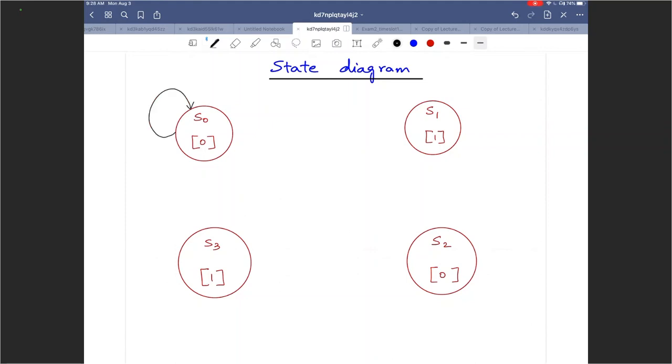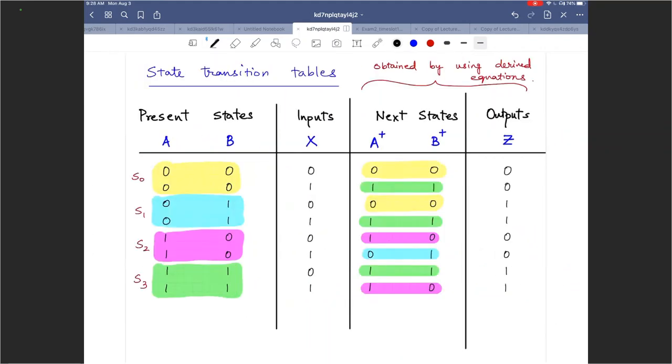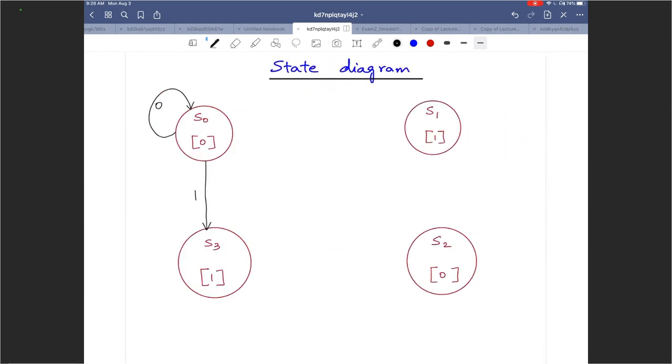Self loop for 0. If you get a 1, you go to state 3. Next, if you are in state 1, you may go to state 0 or state 3 again.